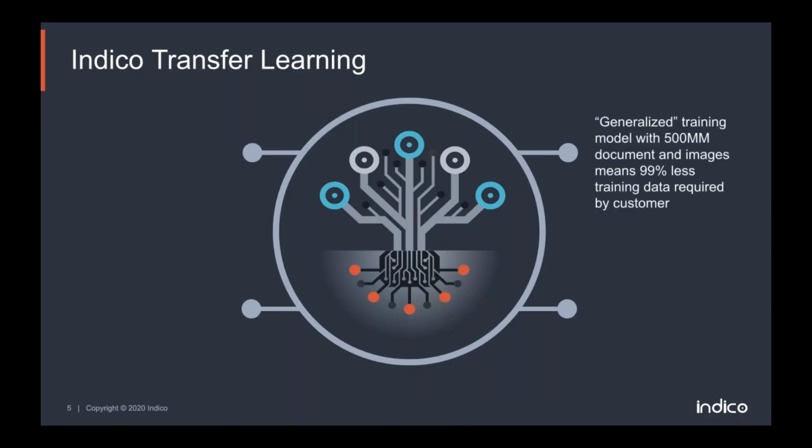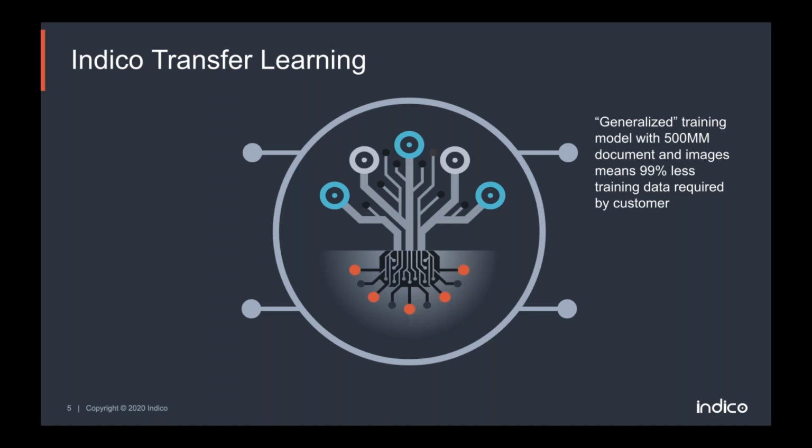Indico transfer learning specifically is the secret sauce here that enables everything I just described. We started by building a huge generalized model with over 500 million documents and images to teach it context. The missing piece here that's existed for decades is the computer has been very poor at understanding context.